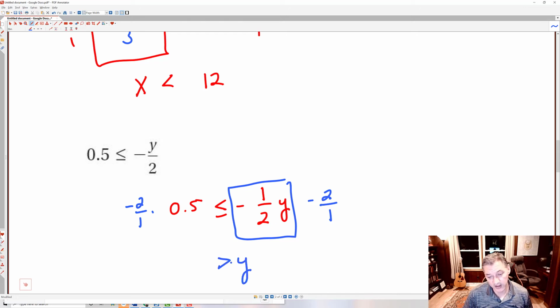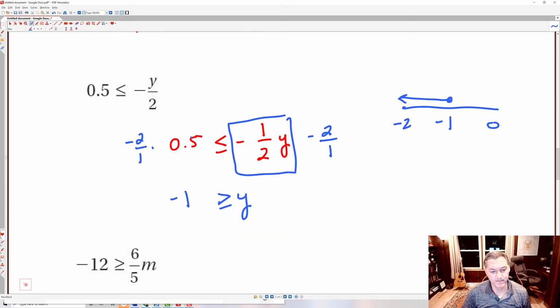This is y is less than or equal to, and this is negative 1, because negative 2 times 0.5 is negative 1. So I'll have negative 1, 0, and negative 2. It's a closed circle, and since y is less than, it's going to go this way, right? Because I'm reading it from the variable. So y is less than or equal to negative 1.